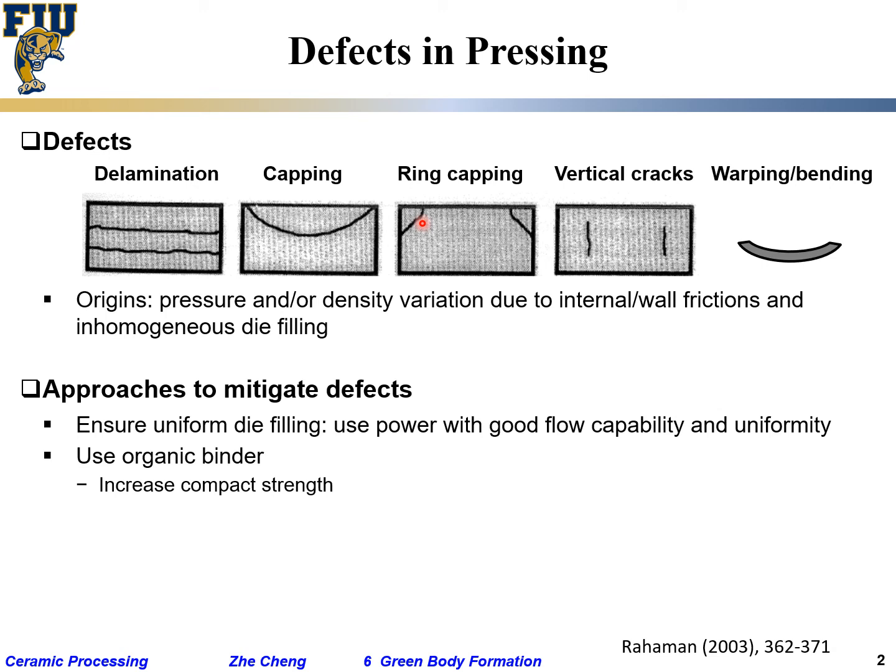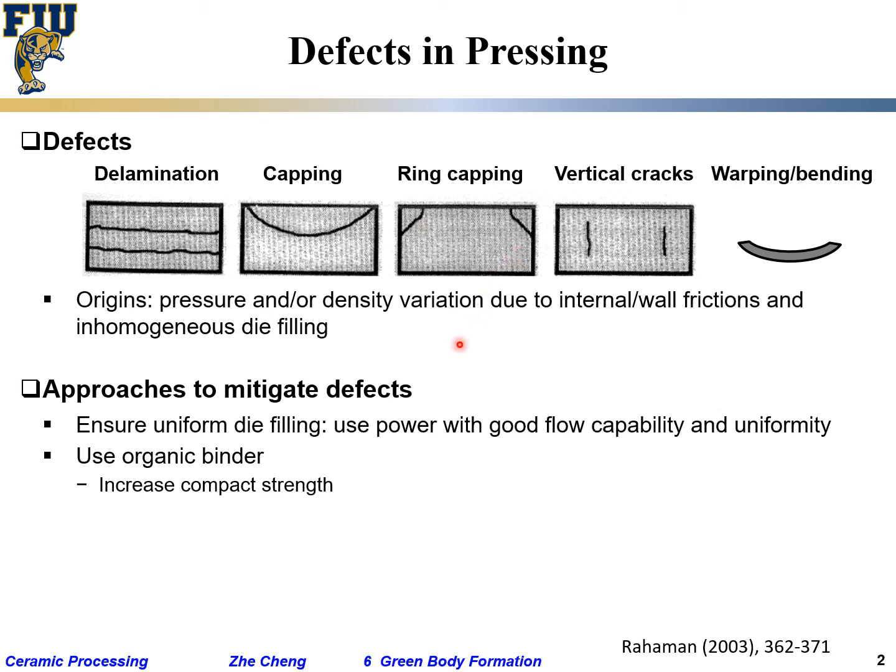On the other hand, do not use too low pressure, because too low pressure, you do not have a dense enough starting point for sintering. Make sense? You see the trade-off. Not too low, which you do not have a high enough relative density for packing, but not too high, because too high, believe it or not, you start to have more of this cracking.